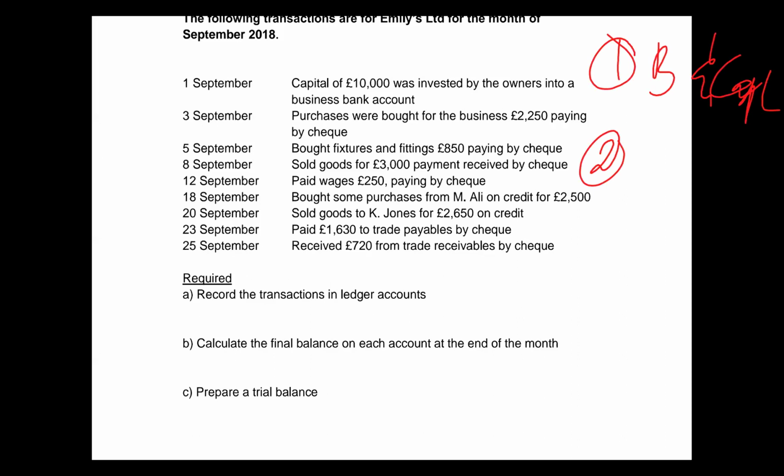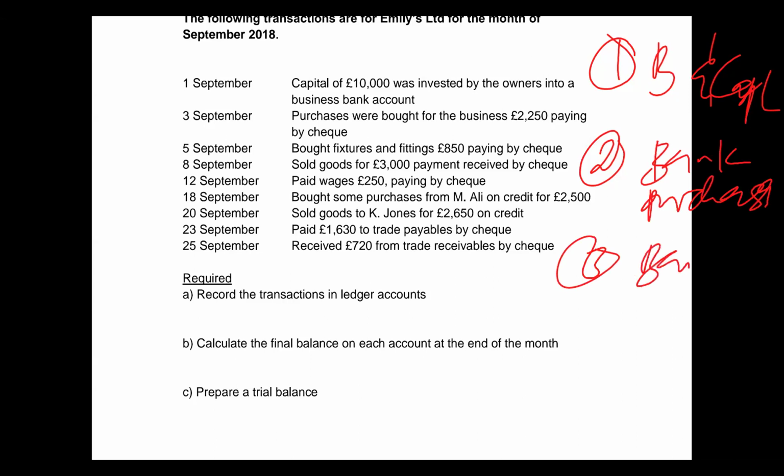So they will be purchases and bank. The next transaction: bought fixtures and fittings, 850 by check. So there'll be bank and fixtures and fittings.